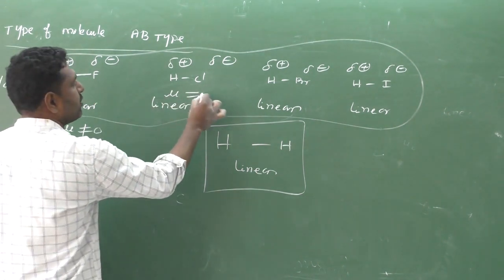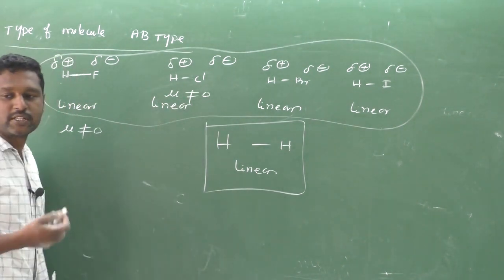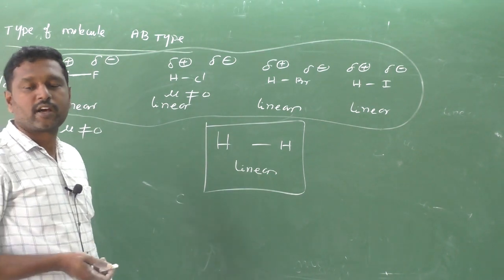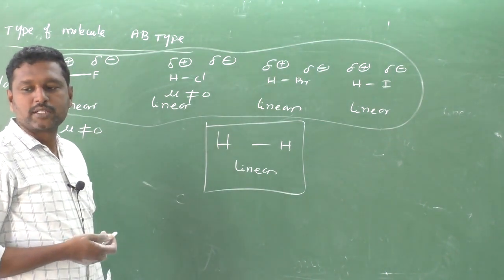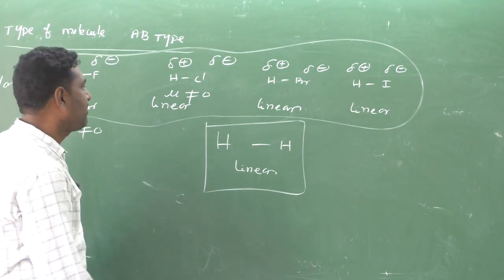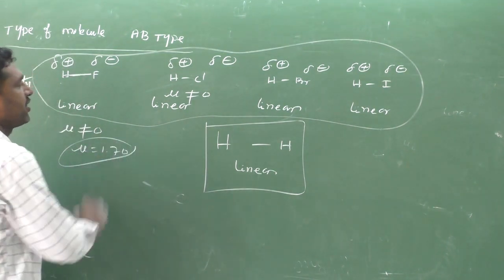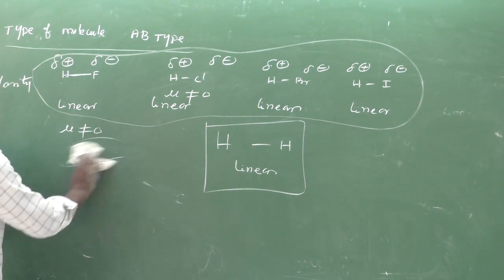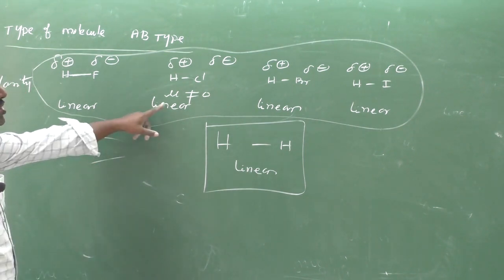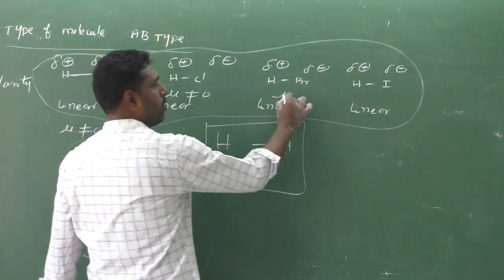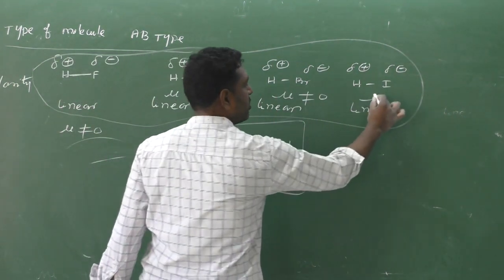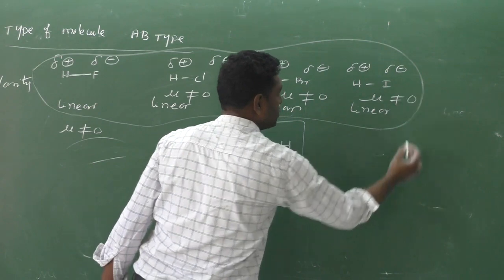Their mu values are something like 1.78 or 1.07 or 0.70. So they have a value. Therefore mu is not equal to 0 for these.